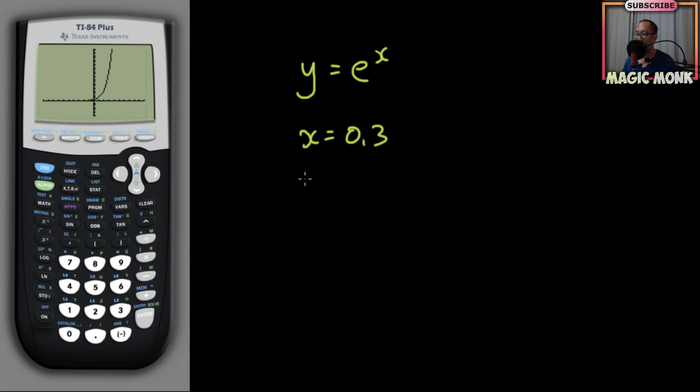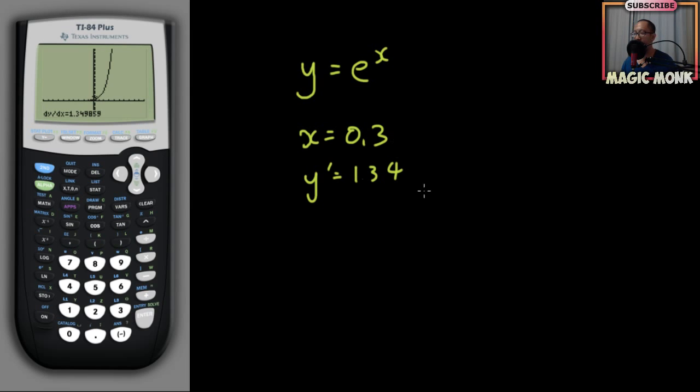And you find out what y dash is. So second calc, go to gradient, go to x is 0.3, and you can see when x is 0.3, y dash is 1.34, the gradient is 1.34.